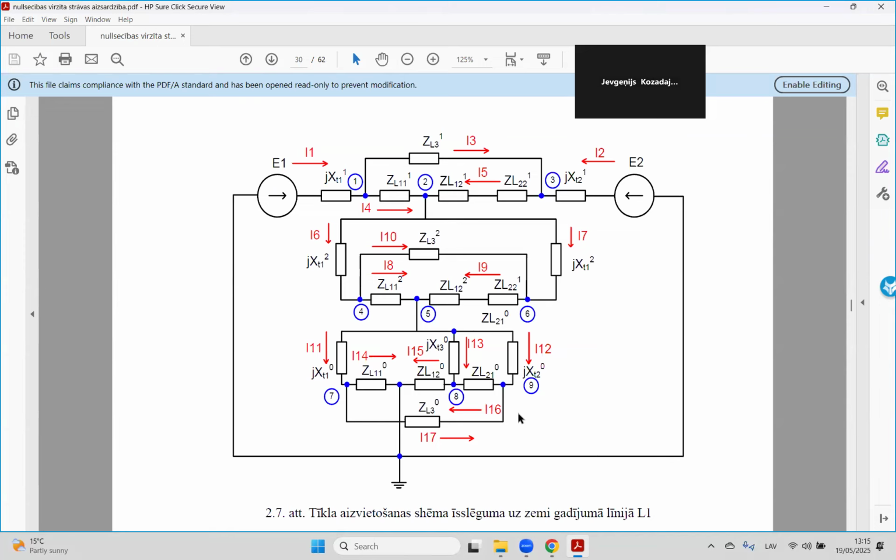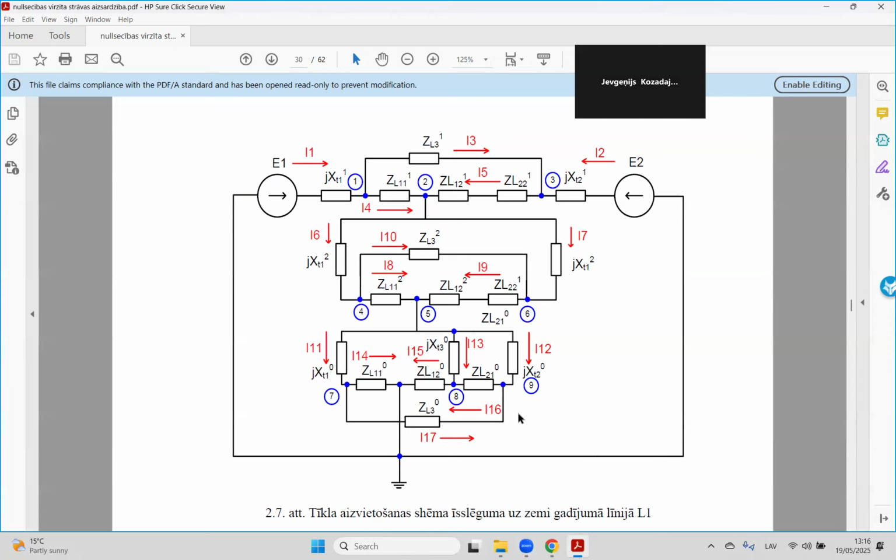Electromotive force appears only in the positive sequence. This is the first gap. We don't have these EMF values. Another one, we have different values for generator impedance in the negative sequence.